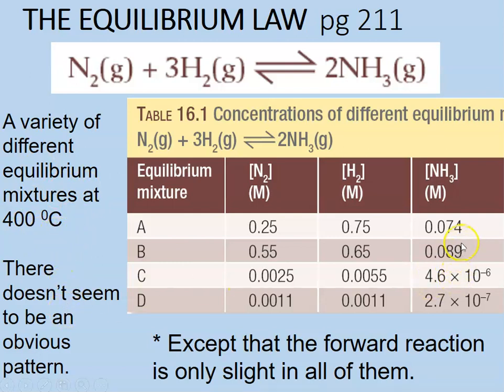When you look at these numbers, there doesn't seem to be an obvious pattern. The only thing that you notice is that however much reactant you've got, the amount of product that you make is very small. So the reaction doesn't go very far to the right before the rates start to become equal.